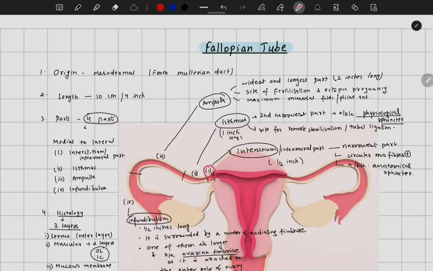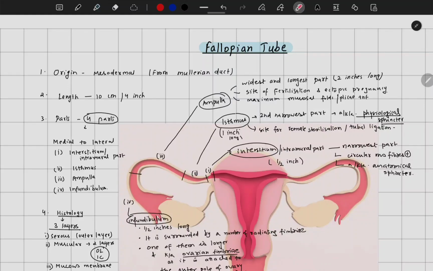The first part, the interstitium or the intramural part, is half an inch long and is the narrowest part. As it has circular muscles, it is also known as the anatomical sphincter. The next part, the isthmus, is the second narrowest part after the interstitium, and it is also known as the physiological sphincter, because the product of conception moves from the ampulla, the widest part of the fallopian tube, to a narrower part.